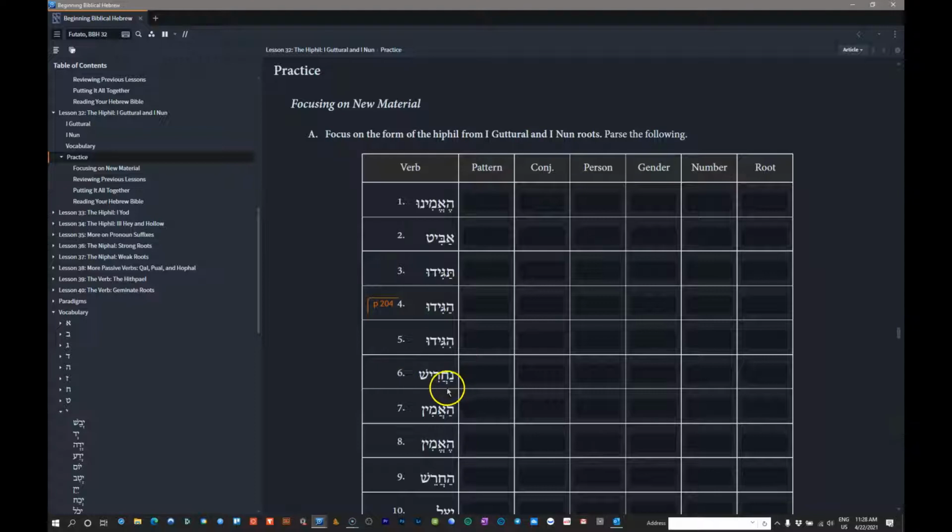Number 6, we've got the hireq yod infix. We've got a patach prefix vowel, but we have to be careful because one of the reasons we have a patach prefix vowel might be this one guttural, okay? So if this were qal and the patach prefix were explained by the guttural, why on earth would we have a hireq yod theme vowel here?